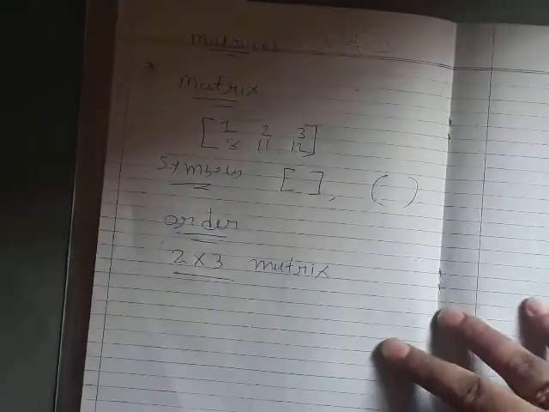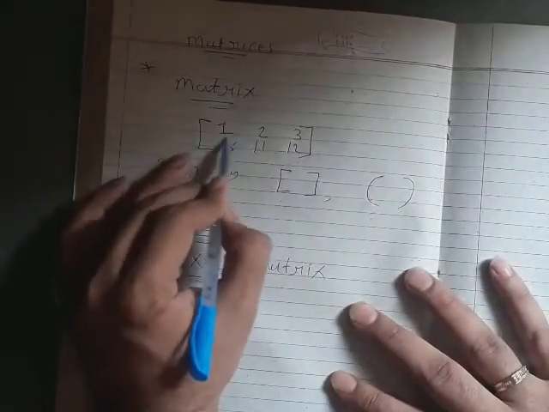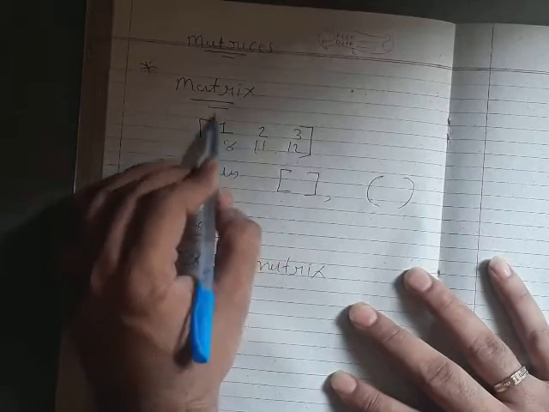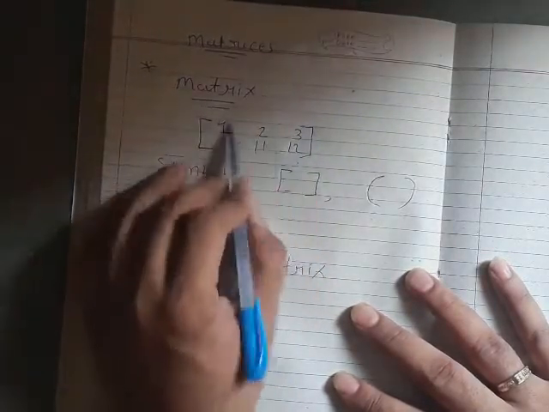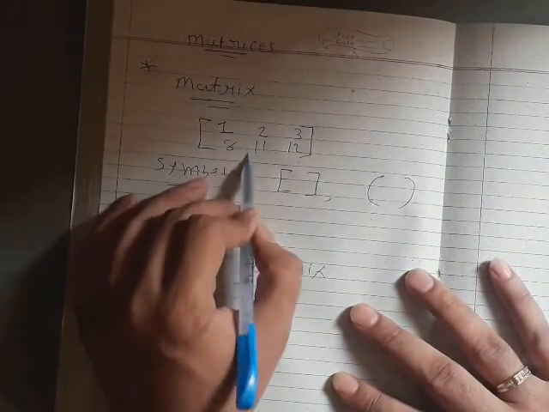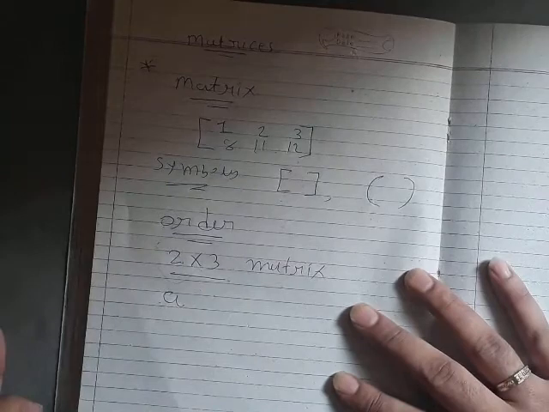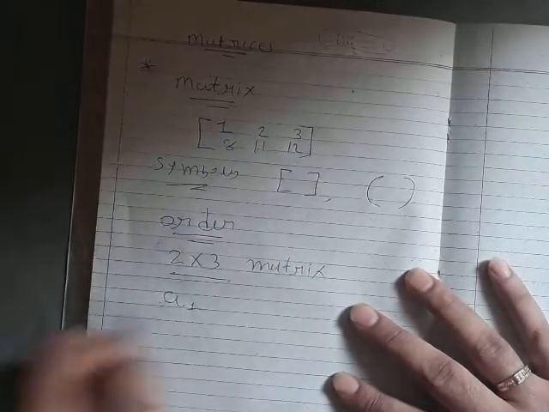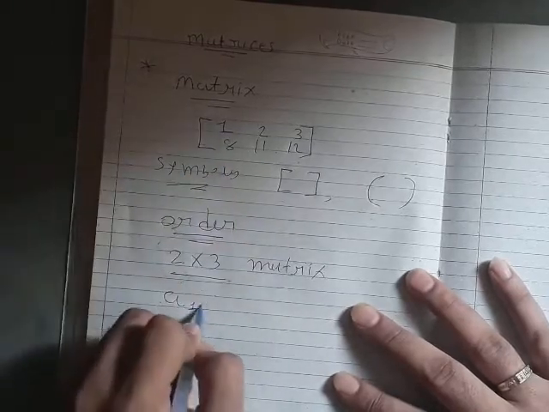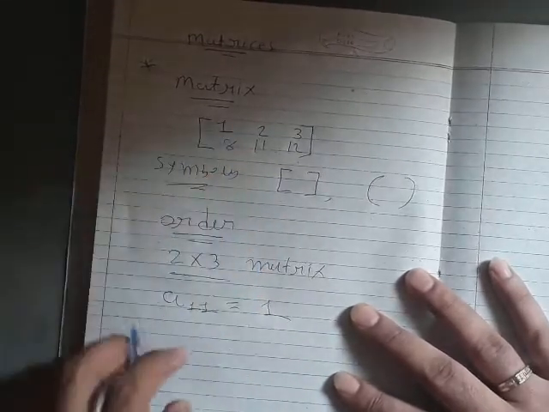Now another thing. See, if I am taking this element 1, we can say 1 is in the first row and in the first column. Any element is symbolized as A. First row, so we will write 1. First column, so we will write 1. So A11 is what? 1.